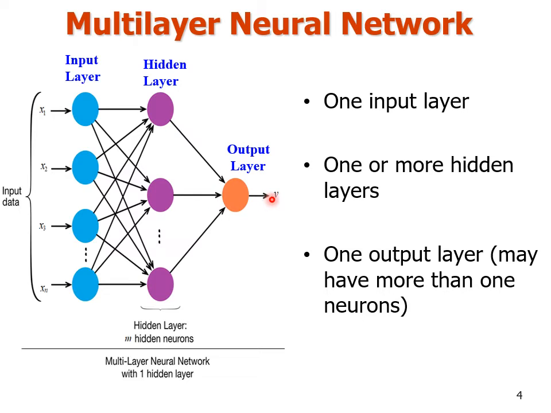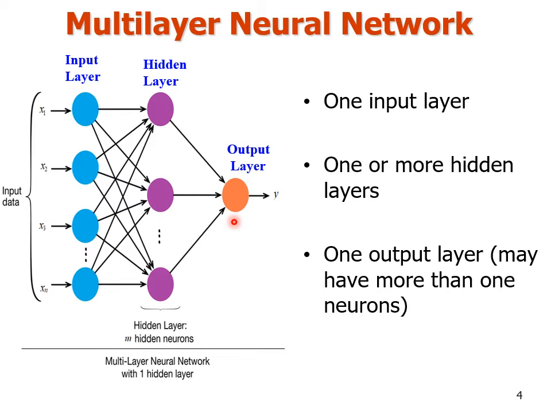Inputs are given to the first hidden layer, then the first hidden layer connections go to the second hidden layer and so on, and finally the connections from the last hidden layer go to the output layer, and all those edges are in one direction.